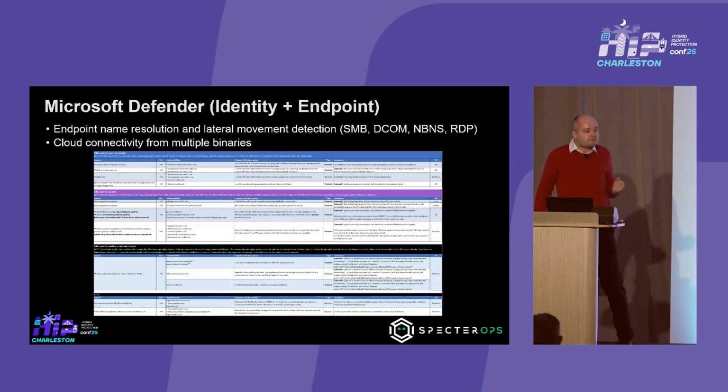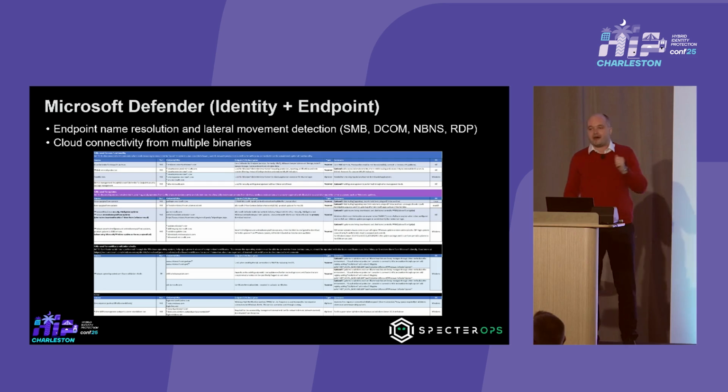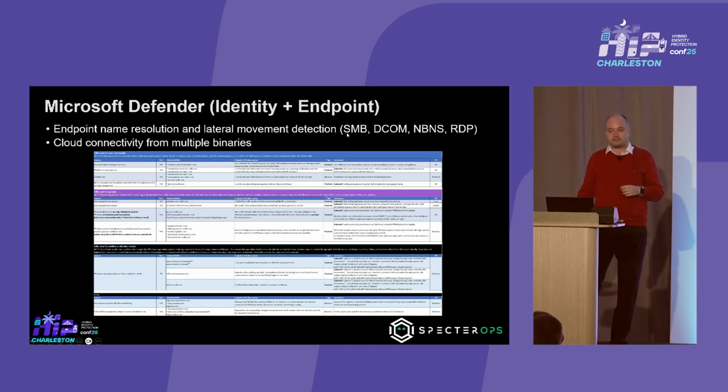Then you obviously want to be secure, so you deploy Microsoft Defender for Identity and Microsoft Defender for Endpoint. So what can go wrong with firewall outbound traffic? Well, Defender for Identity connects to each and every workstation over SMB, DCOM, NetBIOS, and Remote Desktop Protocol.